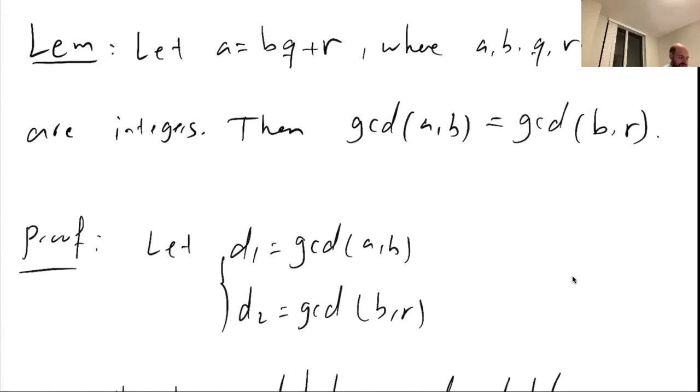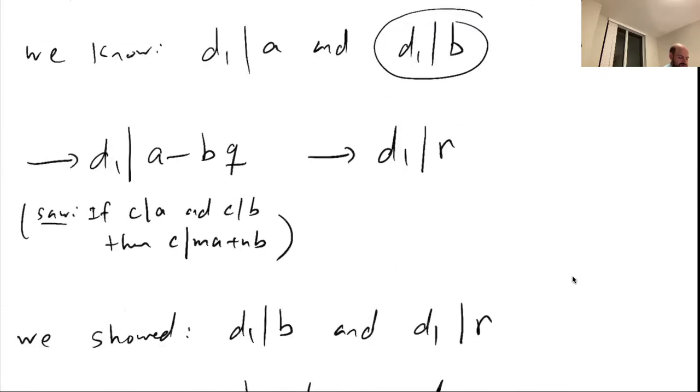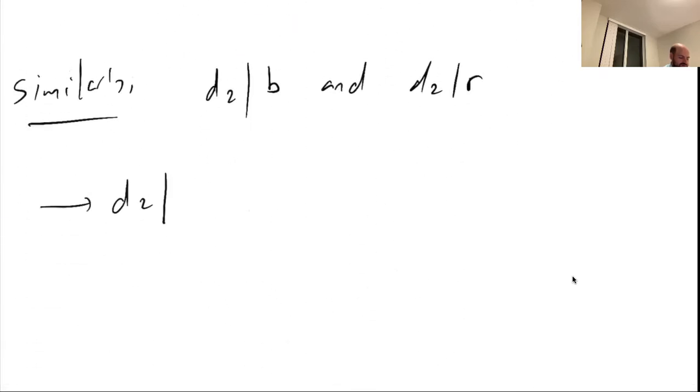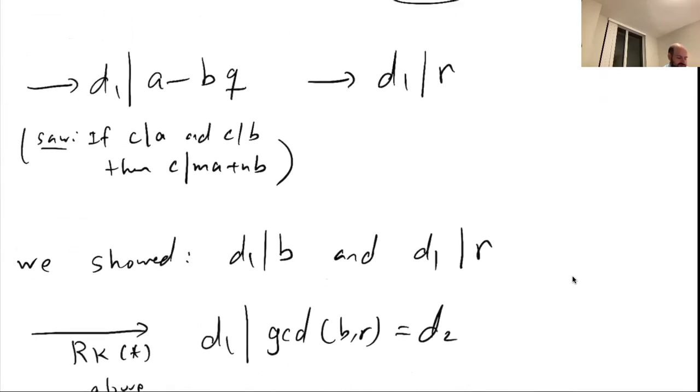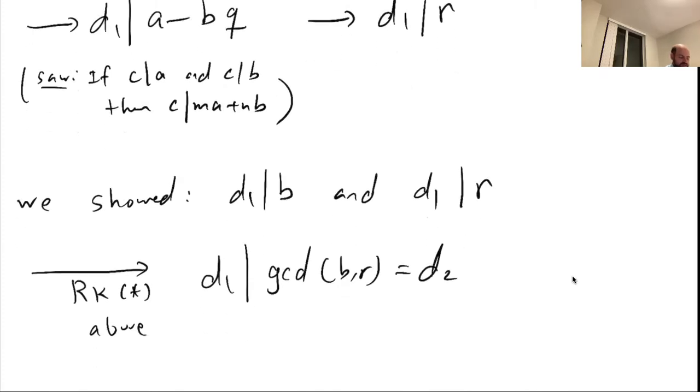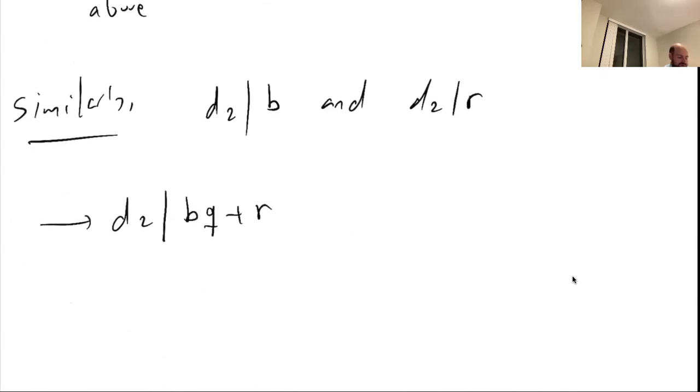A is BQ plus R. So D2 divides BQ plus R, again by the property that we said here. If C divides A, C divides B, then C divides MA plus NB. So D2 divides B, D2 divides R, so D2 divides BQ plus R. That means D2 divides A.